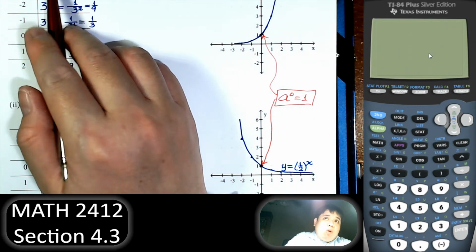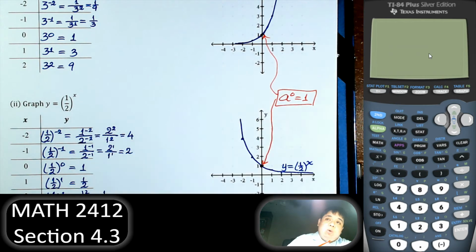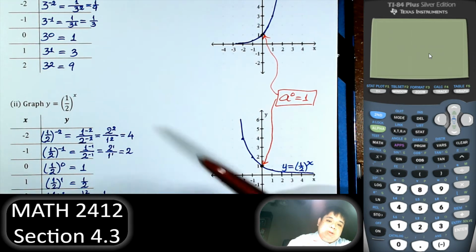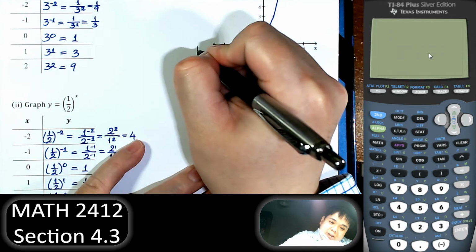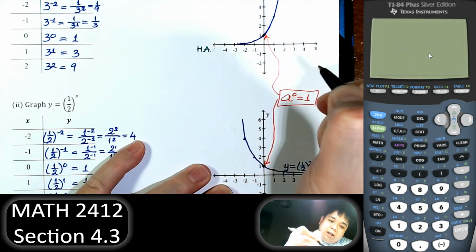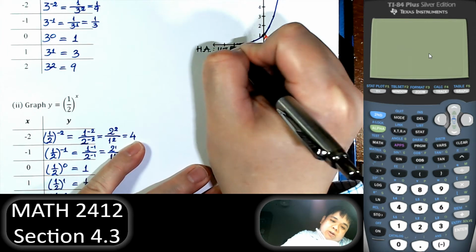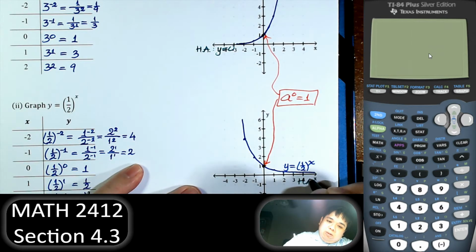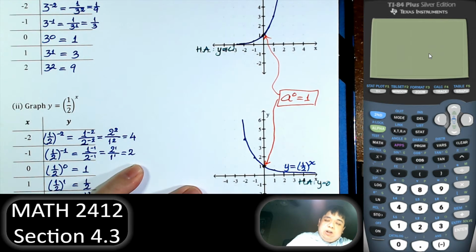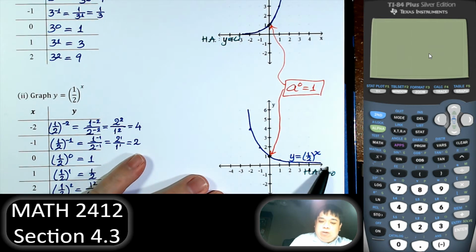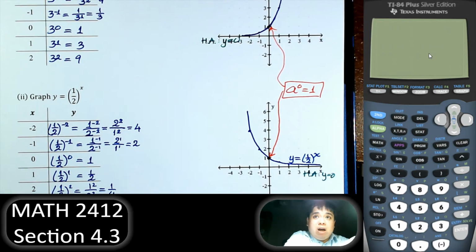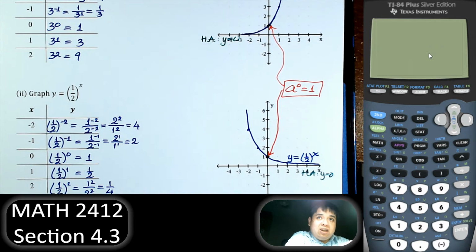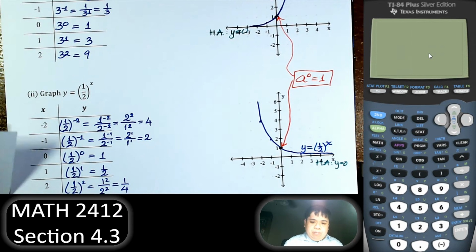Doesn't matter what the exponent is, the function cannot get below the x-axis. So in that case, we have the horizontal asymptote y equal to 0. So y will go to 0 as x goes to infinity, and y goes to 0 as x goes to negative infinity. But bottom line is, it cannot get below the x-axis, and y equal to 0, the x-axis, is the horizontal asymptote.